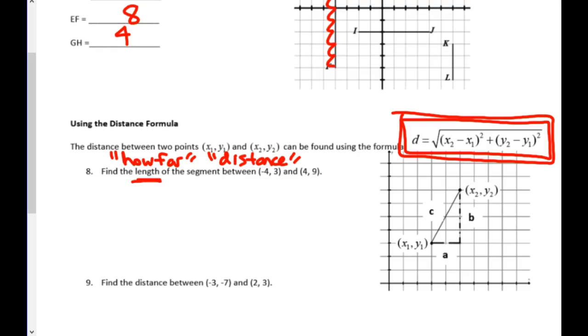So, whenever you have these, x1 is right here, x2 is right here, y1 is right here, y2 is right here, okay? So we're going to use those numbers, and we're going to write it in this formula, okay? Everyone with me?